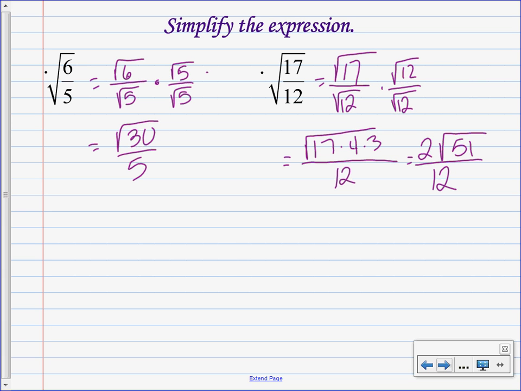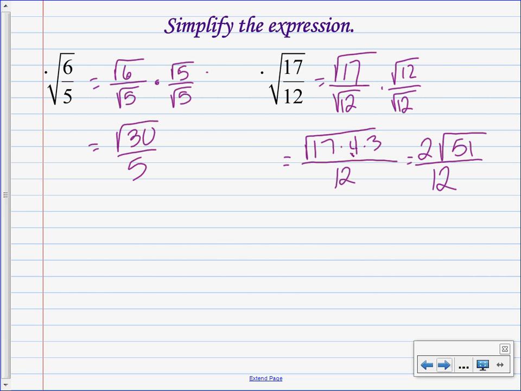How'd I get the 2? Because the square root of 4 is what? 2. If there's a perfect square in here, you have to take it out. Okay? But I did it this way because I know that 4 is a perfect square, so I know it's going to come out.